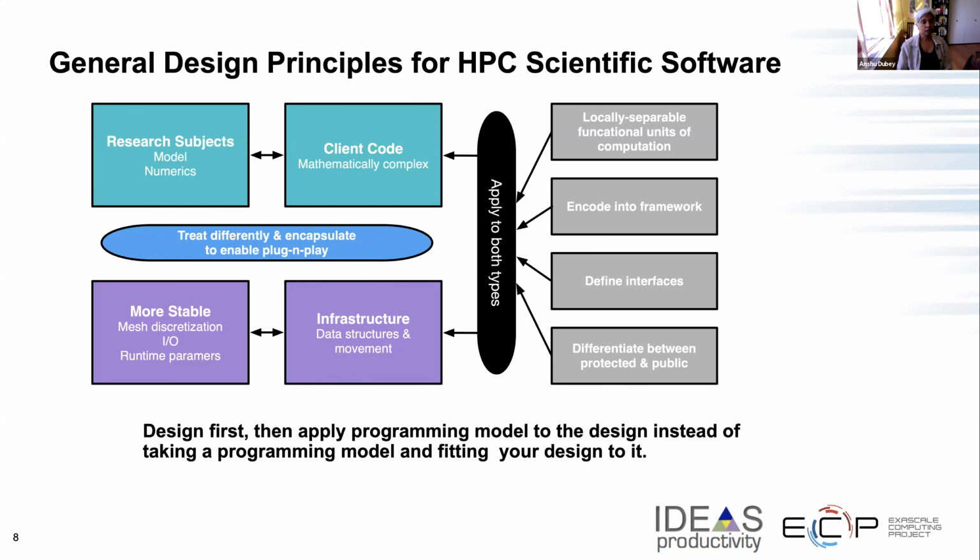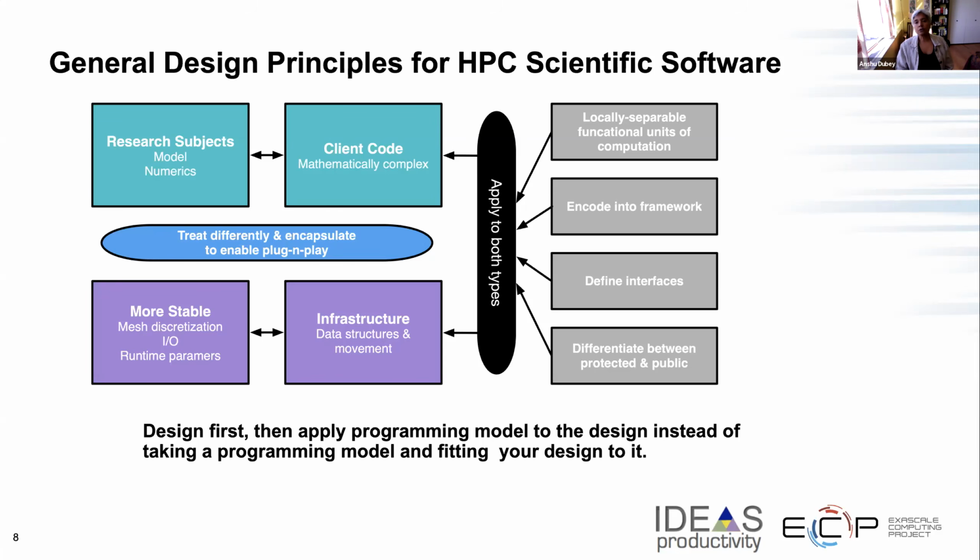And there is the lower part, the more stable one, that is the infrastructure, data structure, and movement, etc. They should be treated differently and encapsulated in such a way that a plug and play mode is enabled for the research code, the client code, which is mathematically complex, and the one that is actually implementing the science that you're interested in doing.